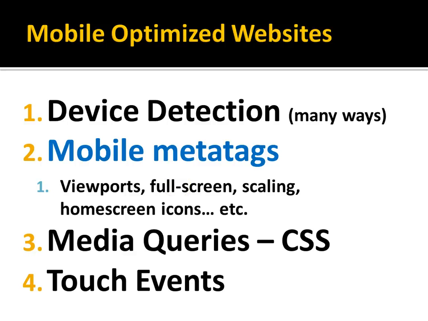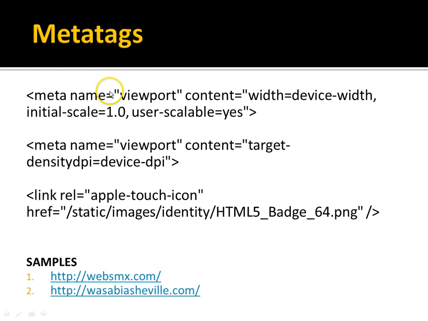Now, we also have mobile meta tags that we can use. Mobile meta tags do things like set our viewport to the width of our content and set the initial scale to 1. User scalable is yes, so that means that the user can scale it. We can also detect what the density of the DPI is.